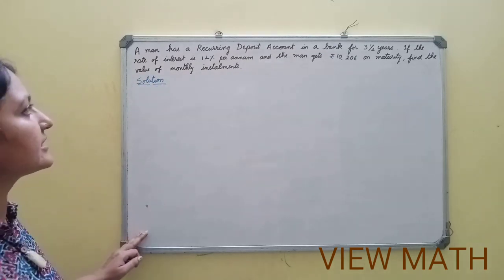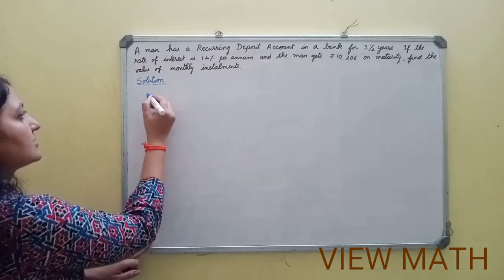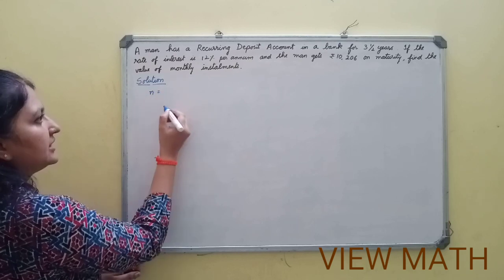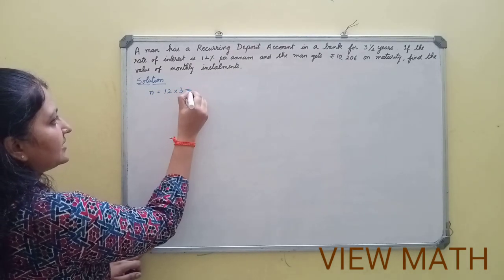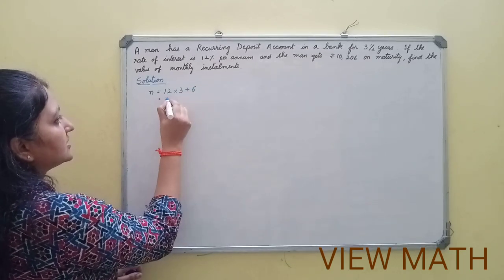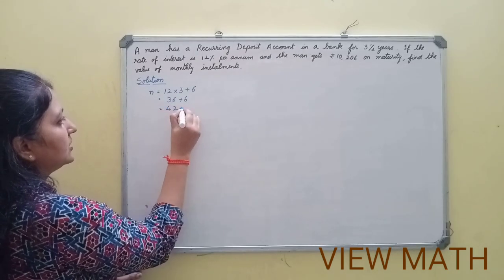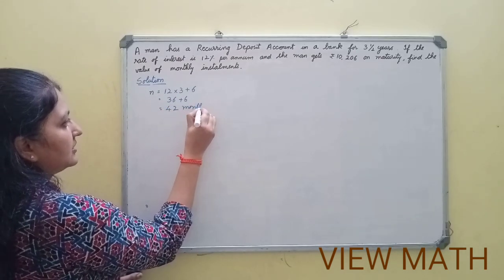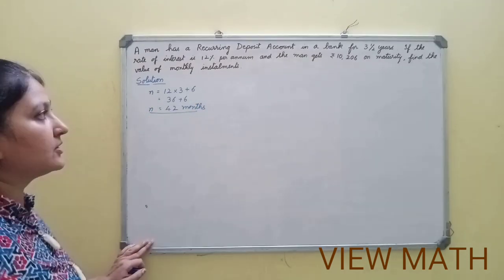So first, a man has a recurring deposit account in a bank for 3.5 years. So N is equal to 3.5 years, so 12 into 3 plus half year, so 6, which is equal to 36 plus 6, which is equal to 42 months. So always convert into months and then proceed.